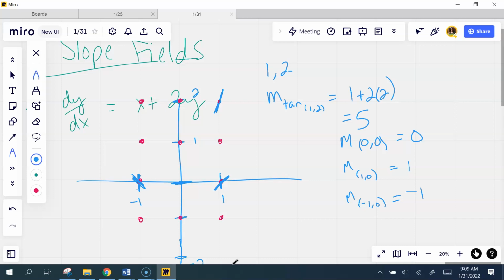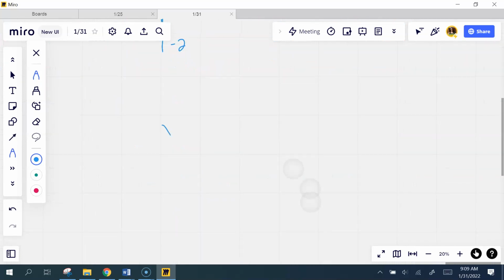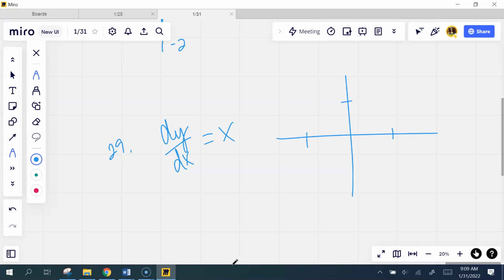Now, understand your derivative equation does not have to have x and y in it. It could just be, and this is number 29, dy/dx = x. What that means is it doesn't matter what your y value is. Your slope is your x value. So on this coordinate plane, graphing the slope field itself, at (0, 0) it's 0.